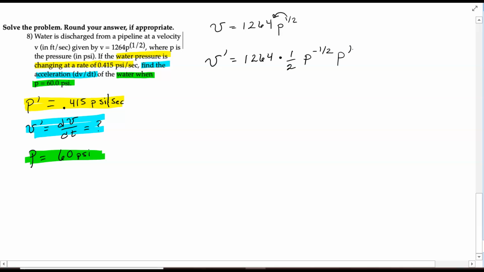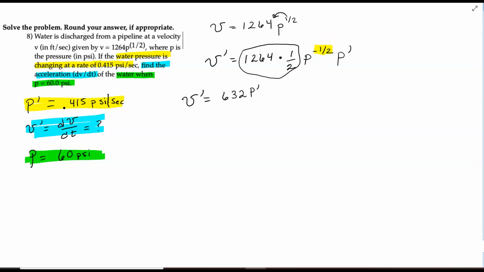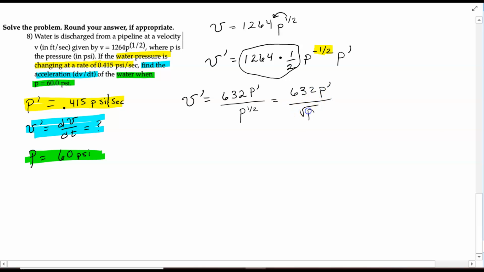You can clean this up by multiplying: v prime equals 1264 divided by 2, which is 632, multiplied by p prime. The negative exponent kicks it to the denominator, so you divide by p to the 1/2 power, which is the square root of p. I could write it like that, and that's okay, because we're going to plug this in the calculator anyway.